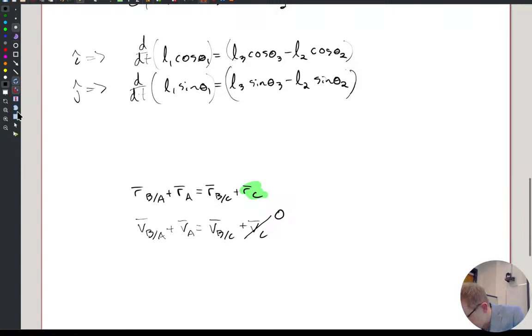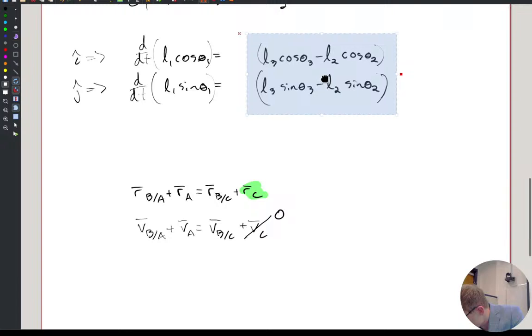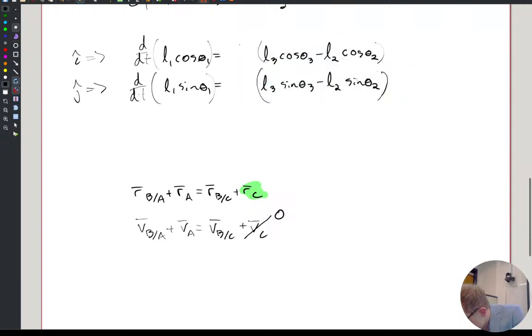Oh, we're almost out of time. Taking derivatives here, let's just do, what is the derivative of sine of theta?